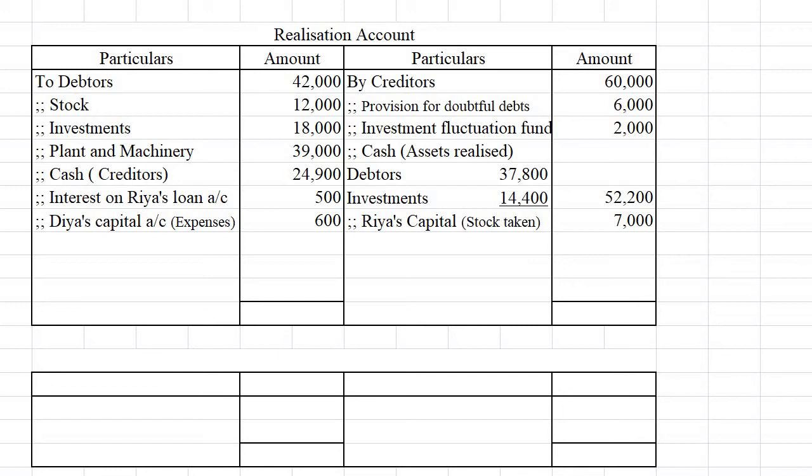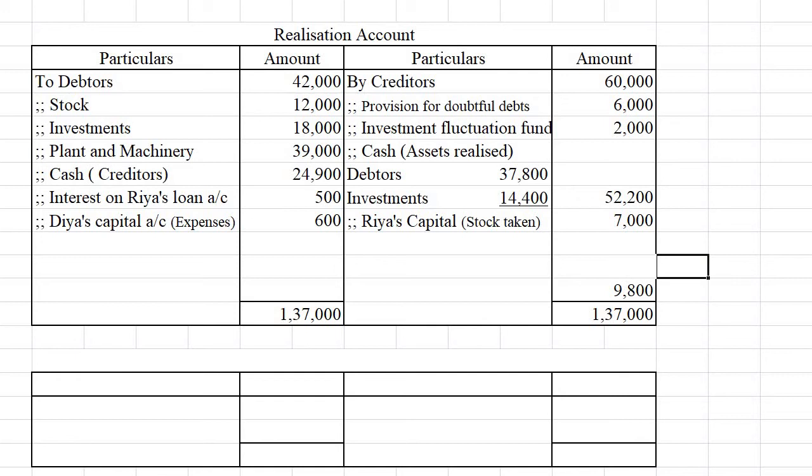So all the journal entries are over. Now let us see which side is having more amount. I think the debit side of the realization account is having more amount. We can total there, and that total can be taken to the credit side. The balance now here is 9,800. In the question it is given that they are equal partners.